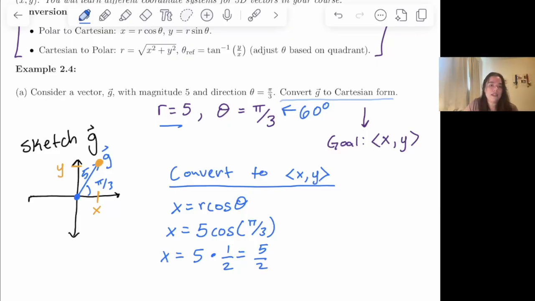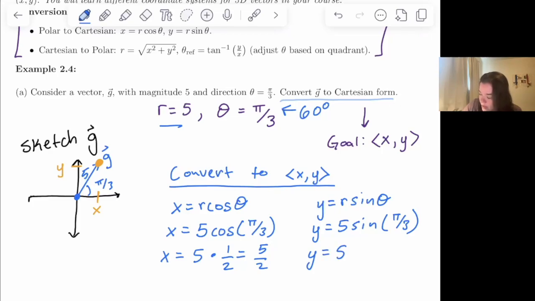Let's do the same thing. Let's find the y-coordinate. Again, the formula for the y-coordinate is y equals r sine theta, found using right triangle trigonometry. And then we plug in the pieces we know. We know the radius is 5. We know the angle is pi over 3. Sine of pi over 3 is a number that exists on your unit circle, and it is the square root of 3 over 2.